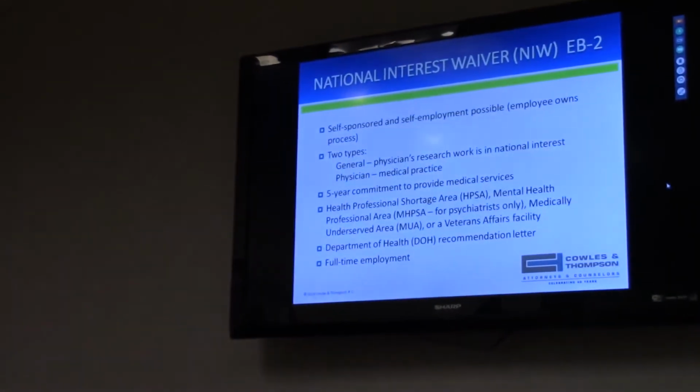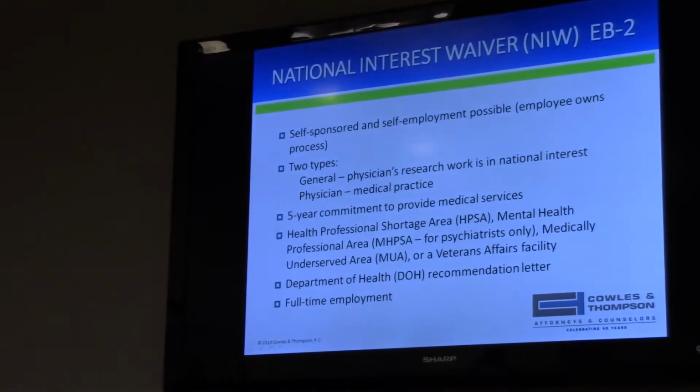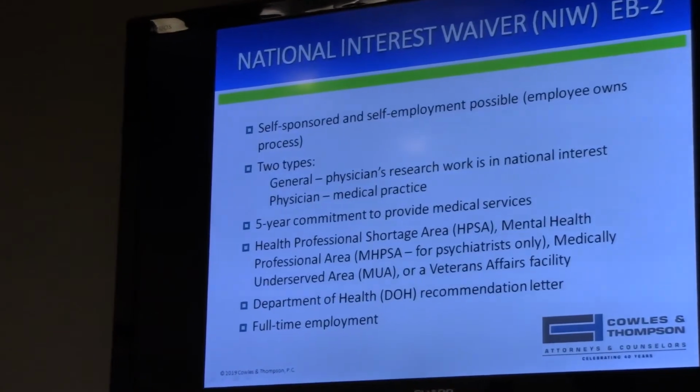How does this work? In the national interest waiver, individuals sponsor themselves. There are two types of national interest waivers: the general one, where your work is in the national interest, and the physician medical practice one, which requires a 5-year commitment.